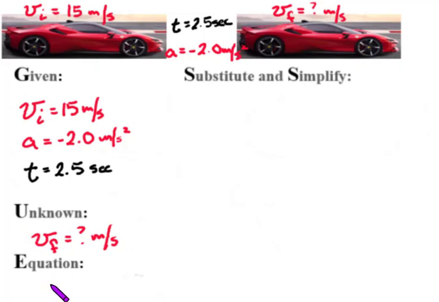Alright, I can use my acceleration equation: velocity final minus velocity initial, all of that over time. So let's replace some numbers for letters. I know that acceleration is negative 2.0.